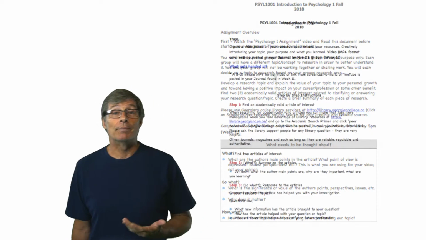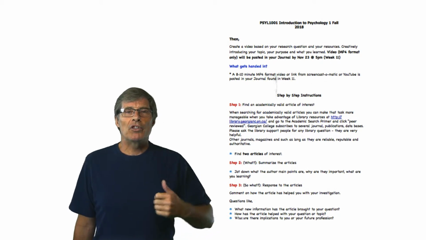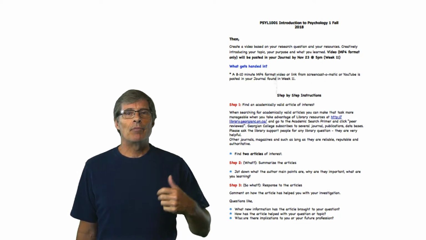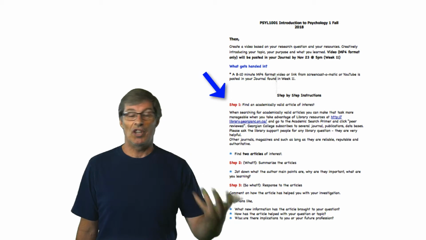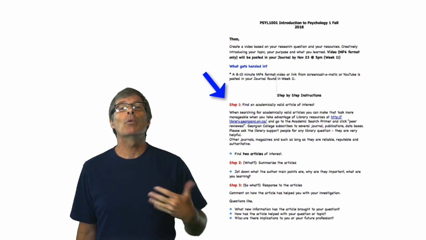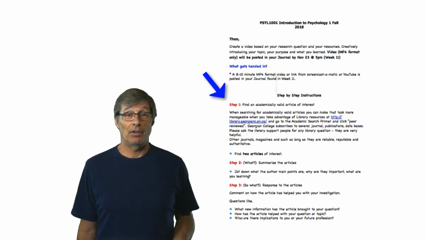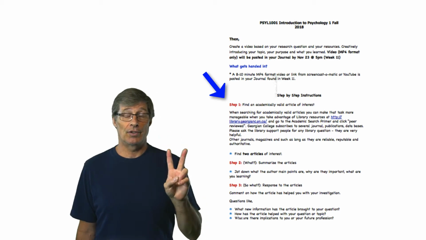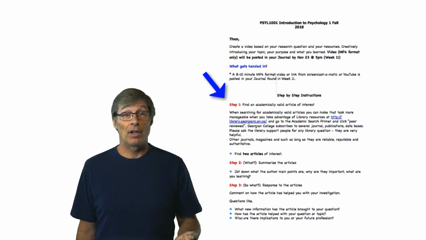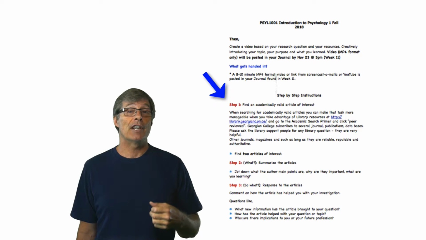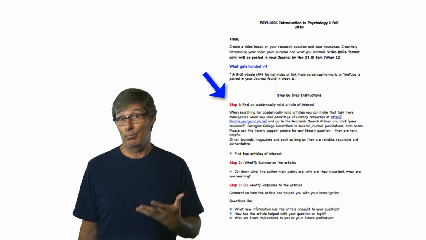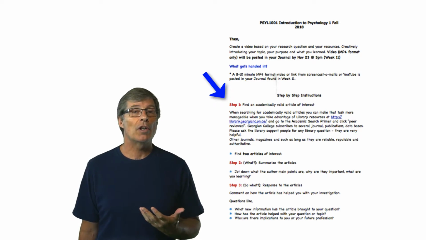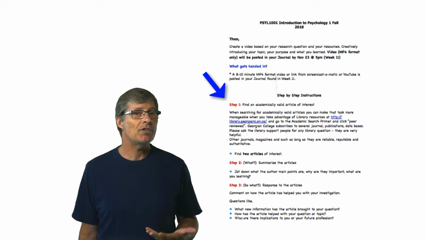All right, let's move on. Now, what we're seeing on this page is broken down the tasks, the steps, if you will, to help you out about how to complete the assignment. First, find two sources. That's where you go to the library resource at Georgian College and find the two sources that you feel best help you clarify your question or your topic interests.